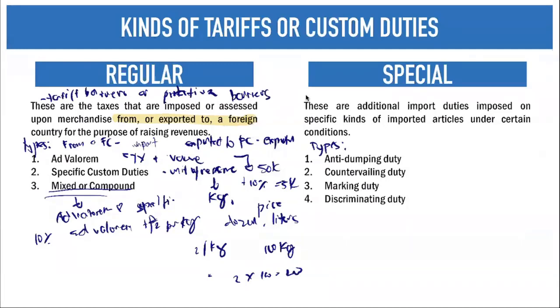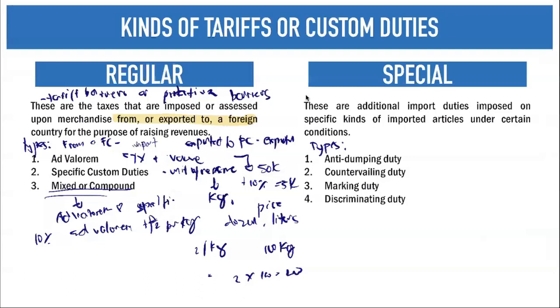The first is your anti-dumping duty. The anti-dumping duty is a special duty imposed on the importation of a particular product at less than its normal value when destined for domestic consumption in the exporting country, which importation is causing or is threatening to cause material injury to a domestic industry or materially retards the establishment of a domestic industry producing the like product.